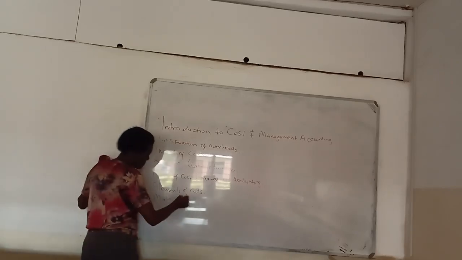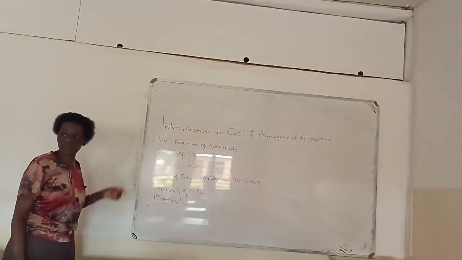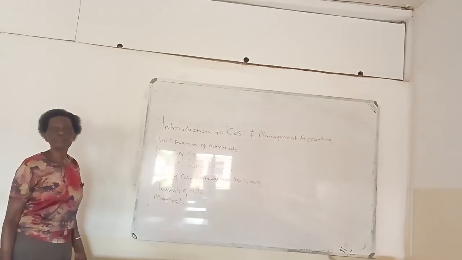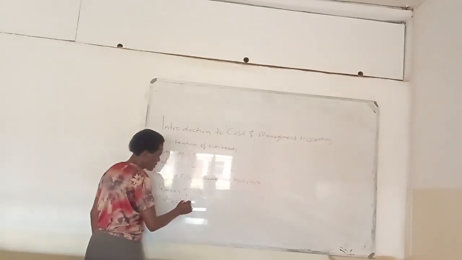Others understand them better, but somebody else maybe cannot. And for material, what should we also think about? Other overheads. Direct and indirect. Okay, direct and indirect.